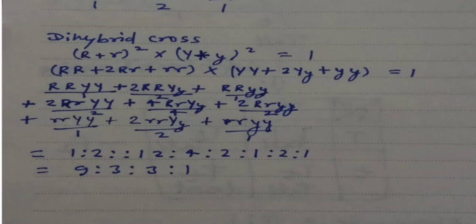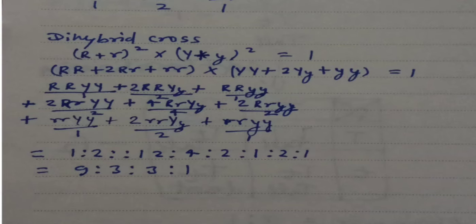When we open it using the same method as the monohybrid cross, capital R capital R plus 2 capital R small r plus small r small r, multiplied by capital Y capital Y plus 2 capital Y small y plus small y small y, and we multiply, we find the genotype ratio 1 is to 2 is to 1 is to 2 is to 4 is to 2 is to 1 is to 2 is to 1, and the phenotype ratio is 9 is to 3 is to 3 is to 1.